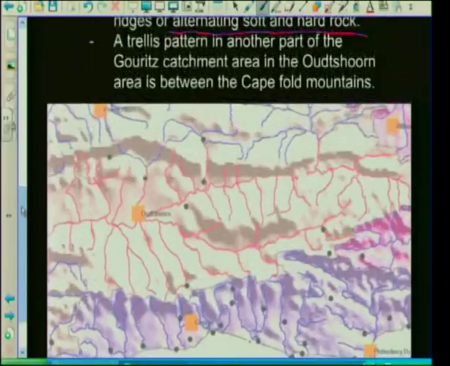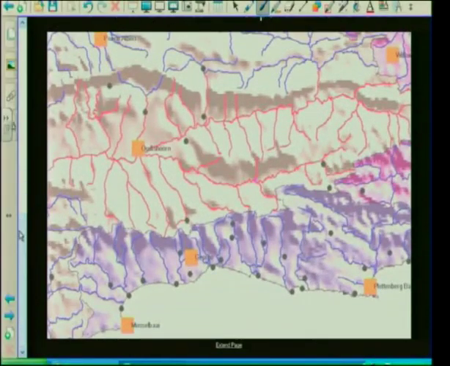A trellis pattern is shown below within this diagram. Okay, so you will see that these streams are entering once again at a 90-degree angle. It's a very different shape to a rectangular pattern, and if you're asked to give the underlying rock structure, it needs to be alternating layers of hard and soft rock that has undergone some form of folding.